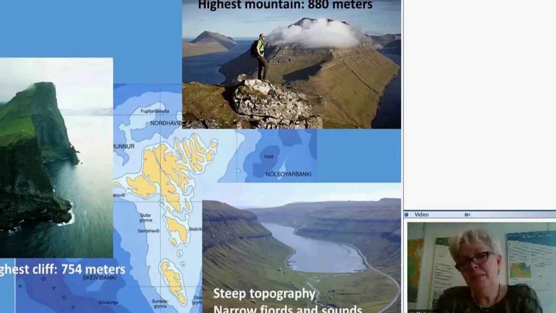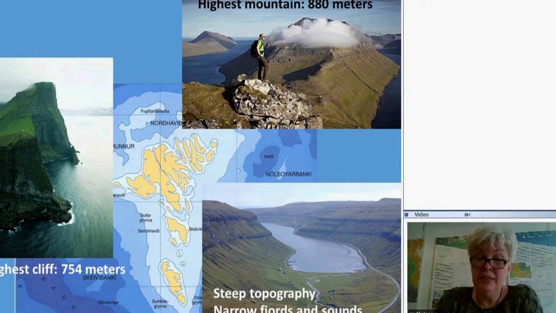These are some typical images of what is characteristic about the Faroese landscape. There are very high cliffs facing the ocean in many places. The very highest cliff is in the northern area, and it's 750 meters straight into the ocean.